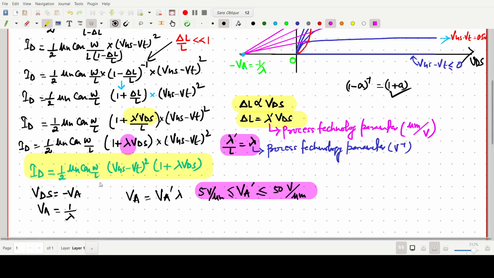So this VDS comes near to one particular point, that is our 1 by lambda.